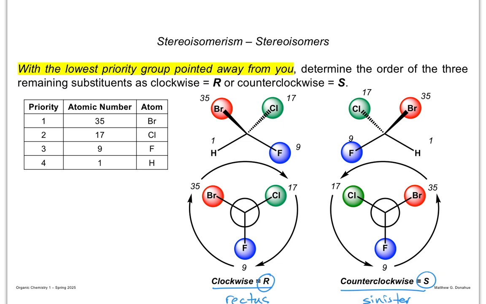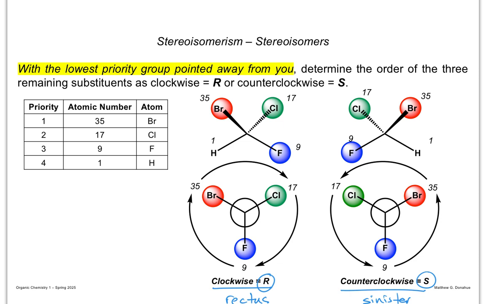So just keep those things in mind. Clockwise is R, counterclockwise is S. The main thing is the lowest priority group has to be away from you. With this one, that's the R. So 1, 2, 3, it's going clockwise.